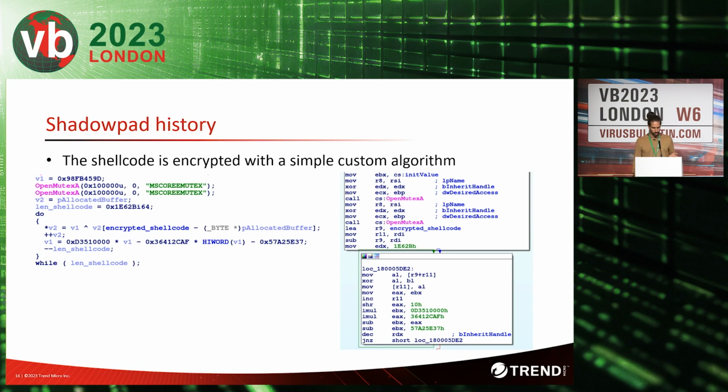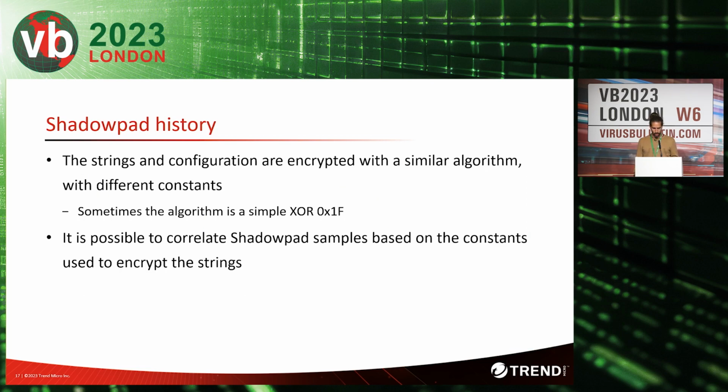On the left is the compiled version, but I know some of you prefer to read assembly directly, so it's on the right. But honestly, don't care much about the algorithm itself. It's very simple, with some multiplications and subtractions. What's important here is that there are some hard-coded constants, and these constants can be used for correlation of the samples. The strings and configurations are encrypted with the same algorithm, but with different constants, but still with constants.